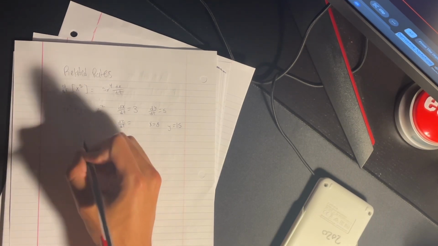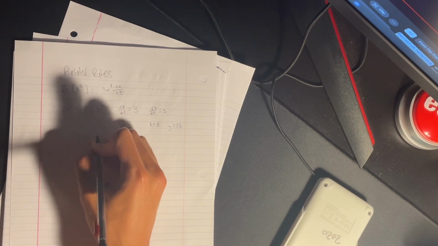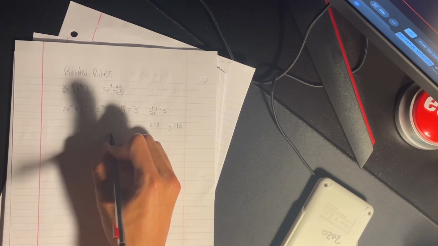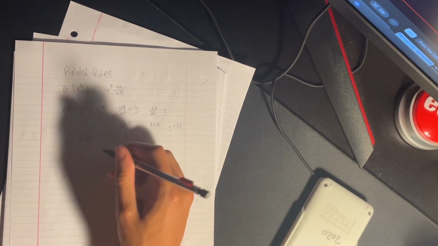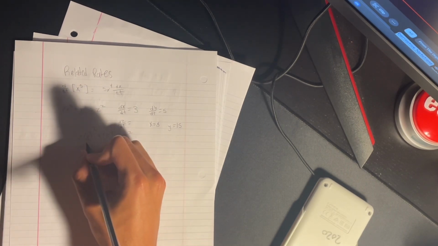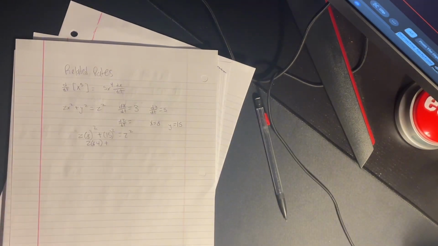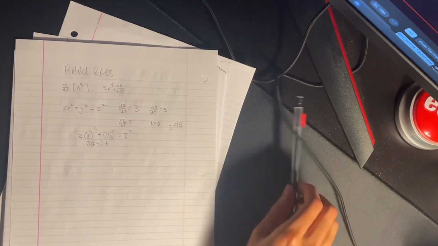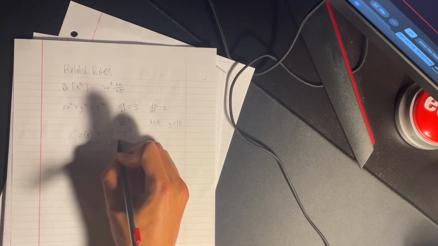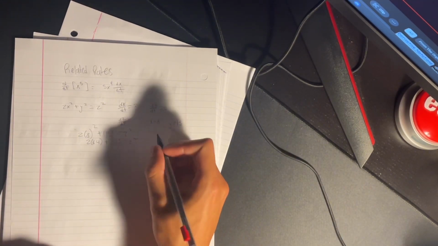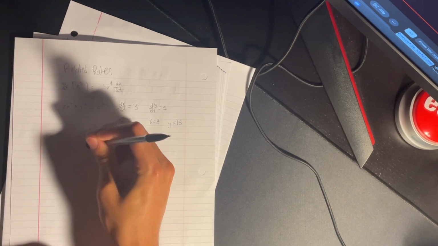So let's do 2 times 8 squared plus 15 squared equals z squared. So if we multiply this out, 2 times 64 plus 15 squared, let me plug that in, 225 equals z squared. And 2 times 64 is just 128.